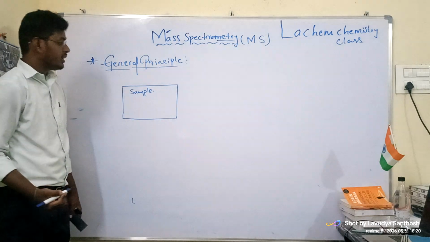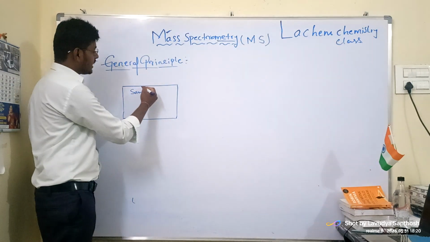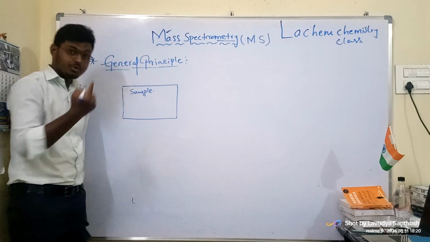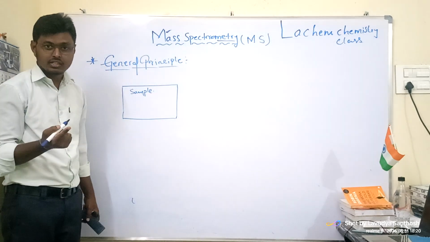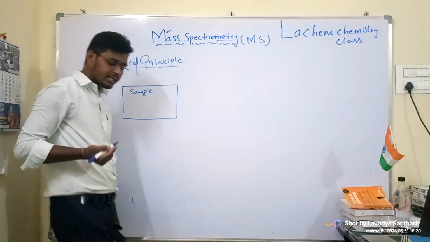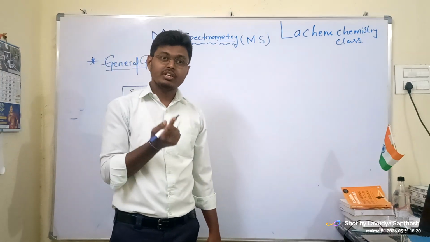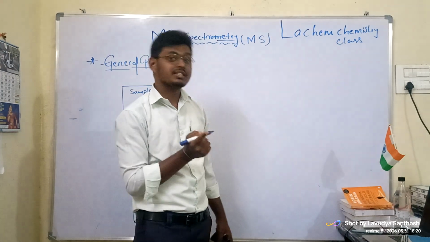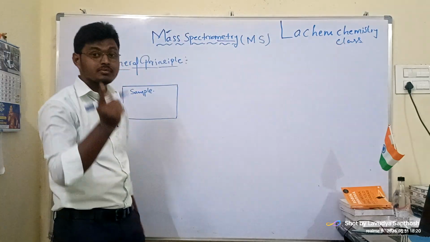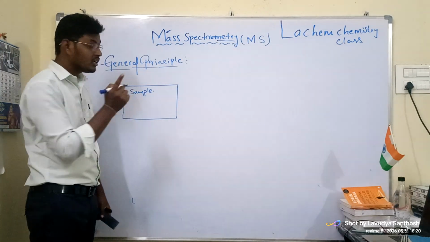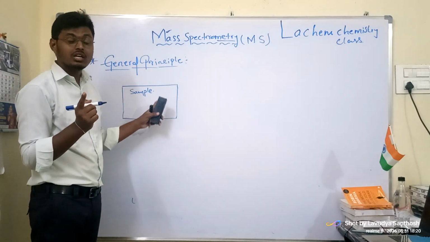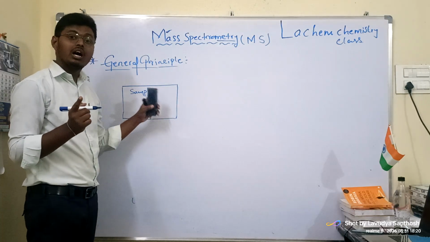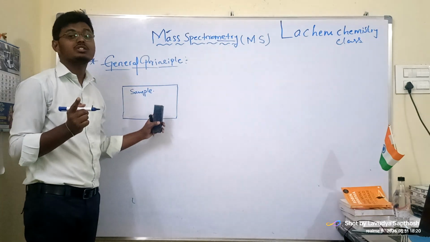Now tell me, this sample can only be used in the gaseous or evaporated state. For example, if your sample is solid or liquid, you must bring it into the gaseous or evaporated state. You can't use the liquid or solid state directly.